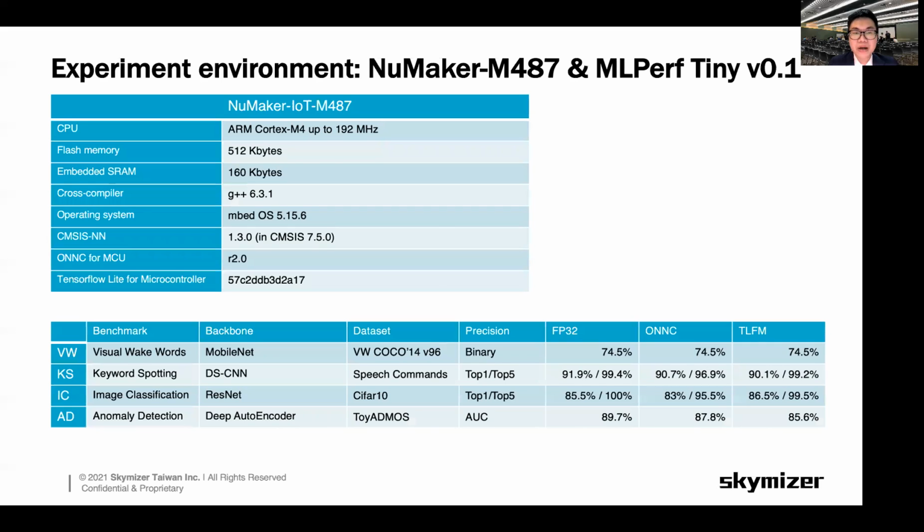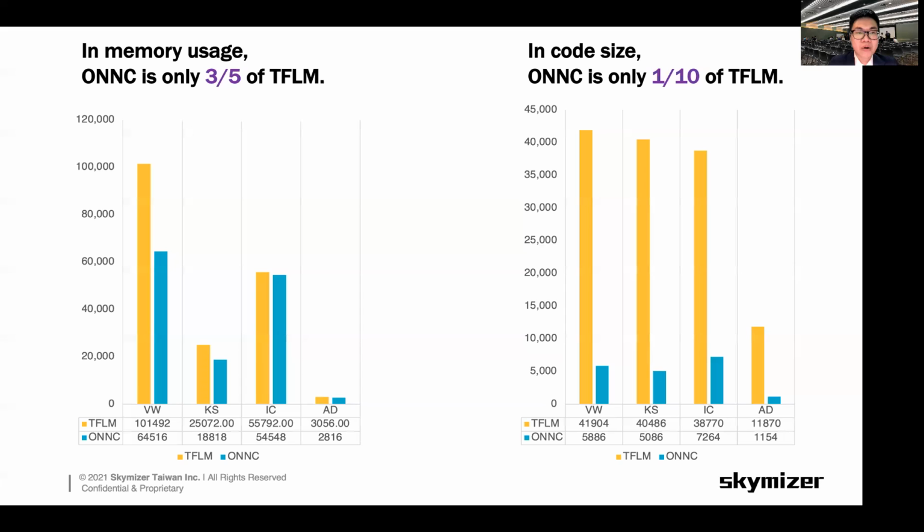We use the Nuvoton NuMaker IoT M487 as our development board, and we use MLPerf Tiny as our benchmark, and we compare ONC with TensorFlow Lite for Micro. In memory usage, in our best case, ONC is only 3/5 of TFLM. In code size, ONC is only 1/10 of TFLM in our best cases.